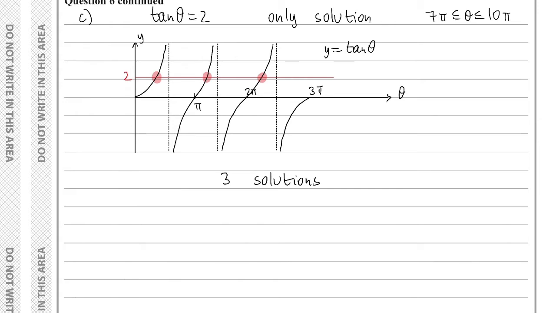Considering the graph was just one way, it certainly takes longer than a minute. It's only worth a mark, but drawing the graph certainly gives us a clear view on what's happening and how many solutions we expect.